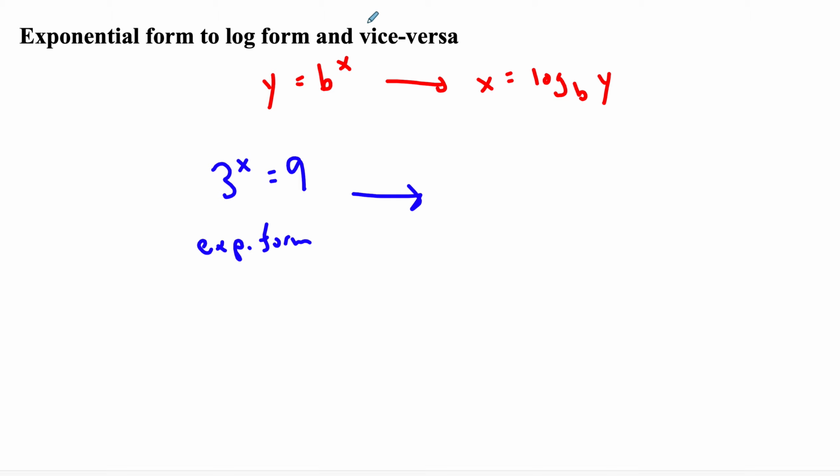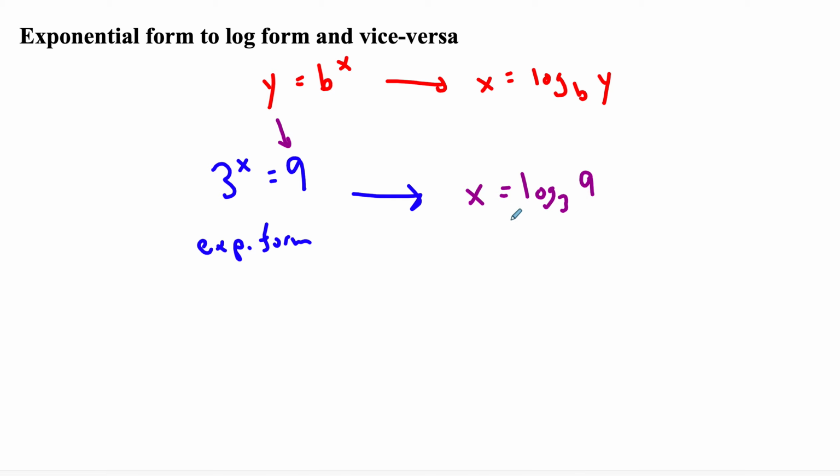What would the corresponding logarithmic form be? Well, x would be the exponent. And what is the base of this exponential? Well, it is base 3, so it would be log base 3 of, well, what's our output value? Y, right? This corresponds to the y. So that's our input value into this, right?